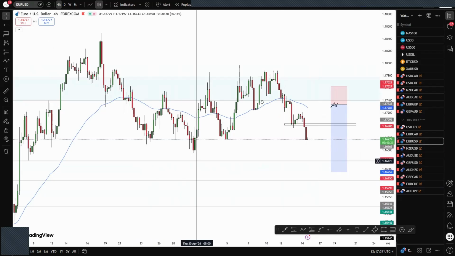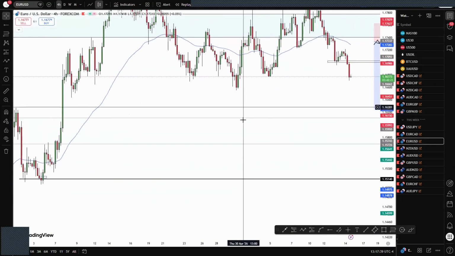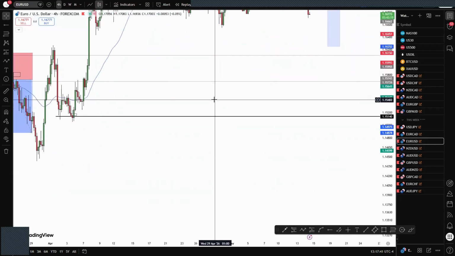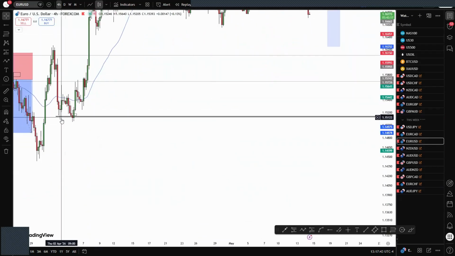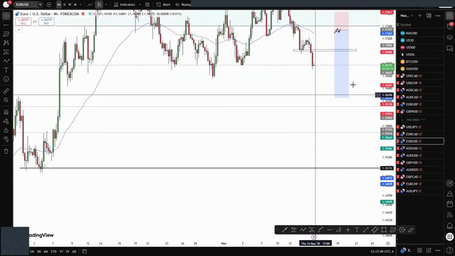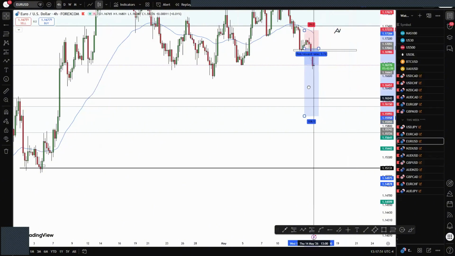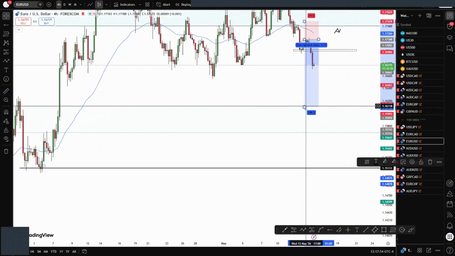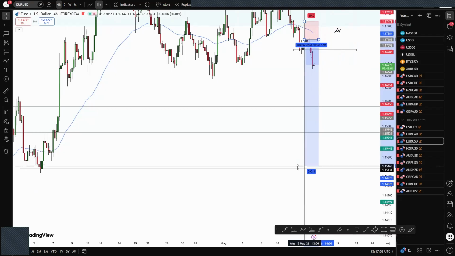The only bad part is I can only catch a sell once price breaks below here. So if this continues selling, these guys are lucky because they will make money from this level all the way to this daily structure point.